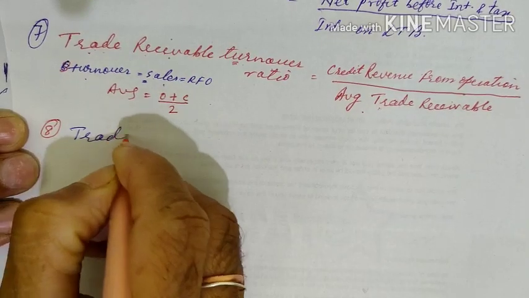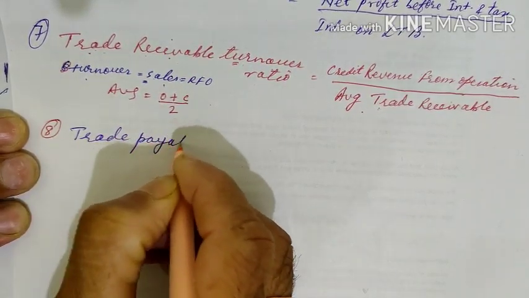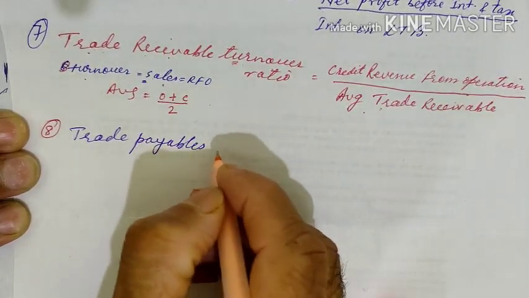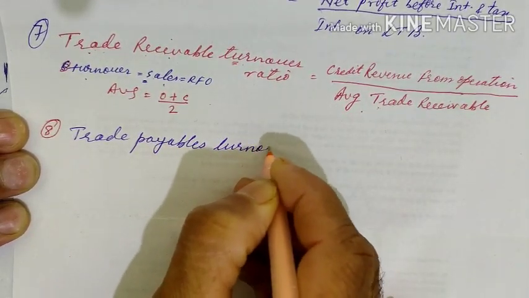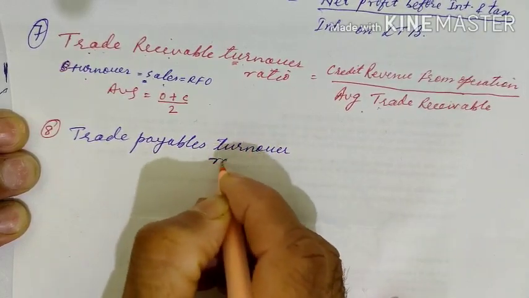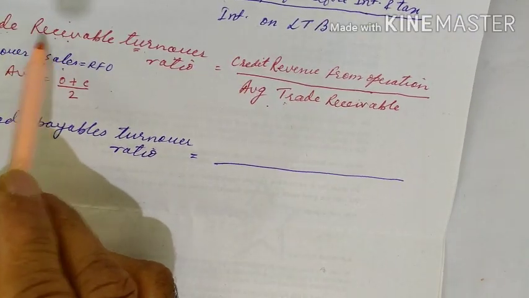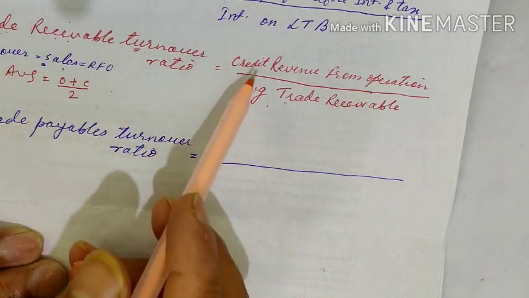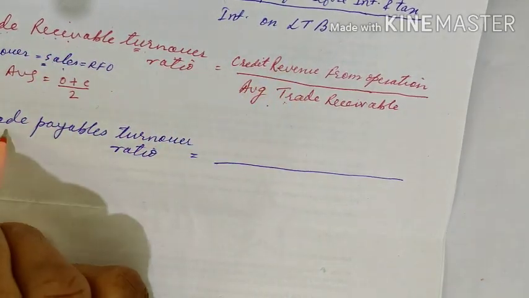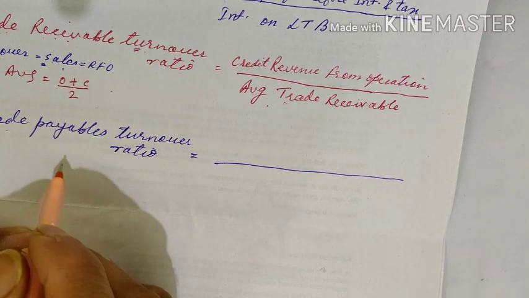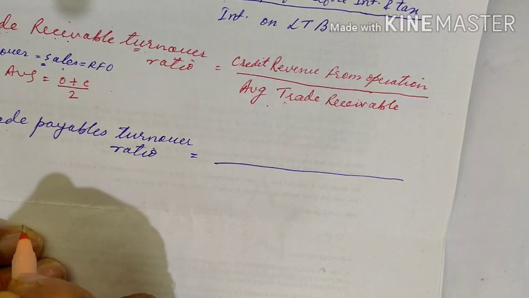Number 8, trade payables turnover ratio. Trade receivable has a relation with sales. That is why we have taken sales here. But trade payables means creditors. They have a relation with sales or purchases?